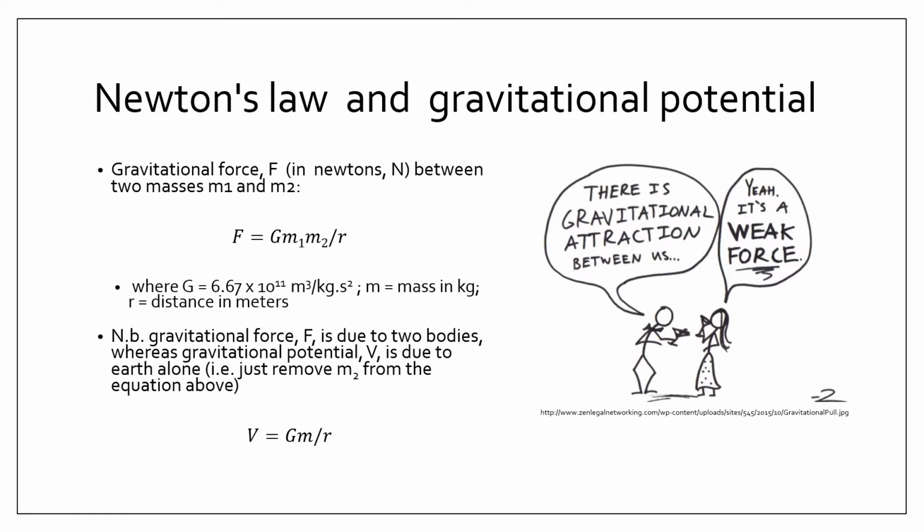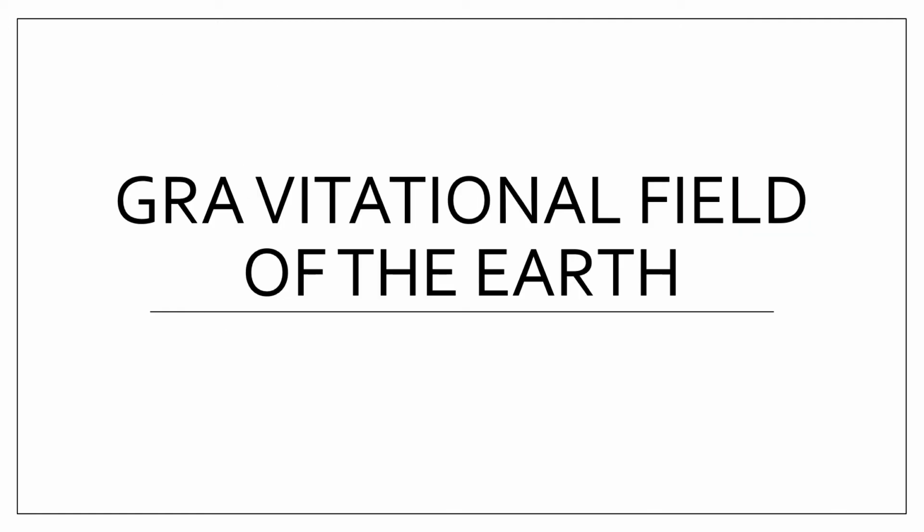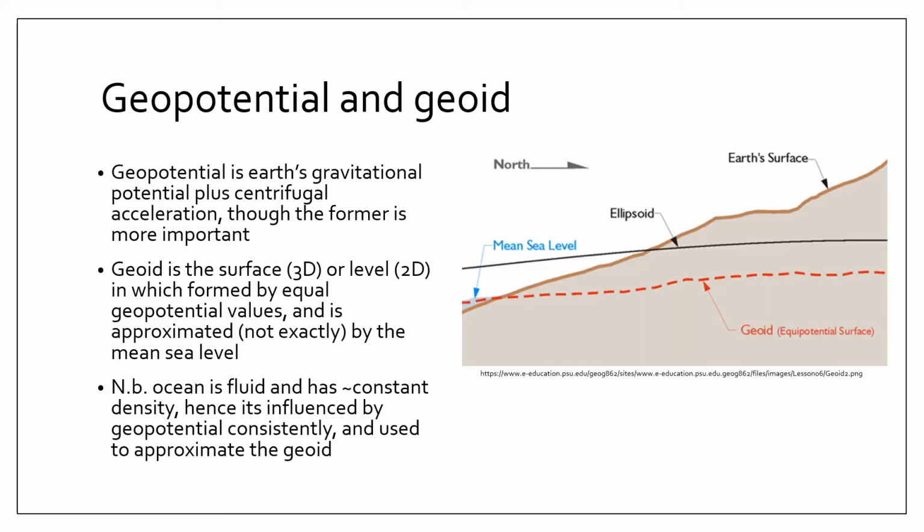Right, now let's discuss, or expound on, the gravitational field of the Earth. Now we have a concept called the geopotential and the geoid. Okay, so the Earth exerts gravitational potential due to its mass. Although there's another factor which is exerting acceleration, which is the centrifugal acceleration, mainly due to the rotation of the Earth.